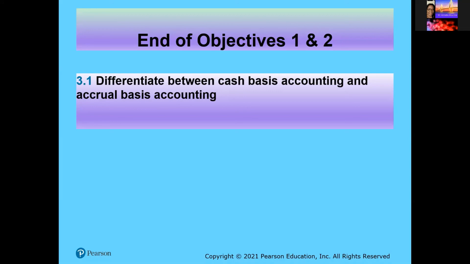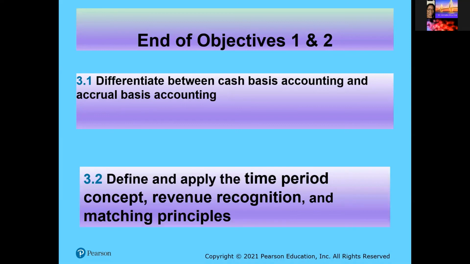With the accrual basis accounting, it records the effect of each transaction as it occurs. So that's when revenues are earned and when expenses are incurred. We also talked about the time period concept, revenue recognition, and matching principles.